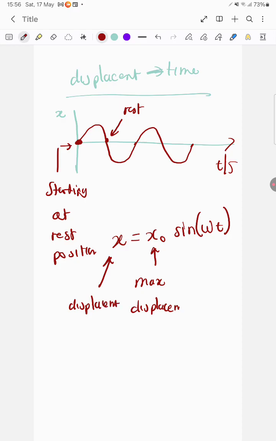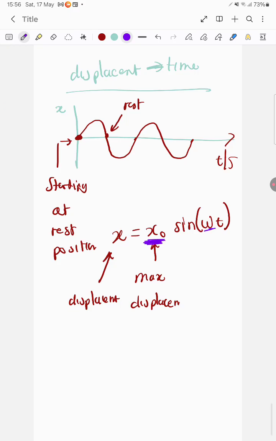Which of these quantities never change? X naught is a constant that will never change, and so is omega. Your constantly changing variables are x, because your displacement will become positive, less positive, then negative, and time, of course, because time stops for no man. So those are your items to be aware of.